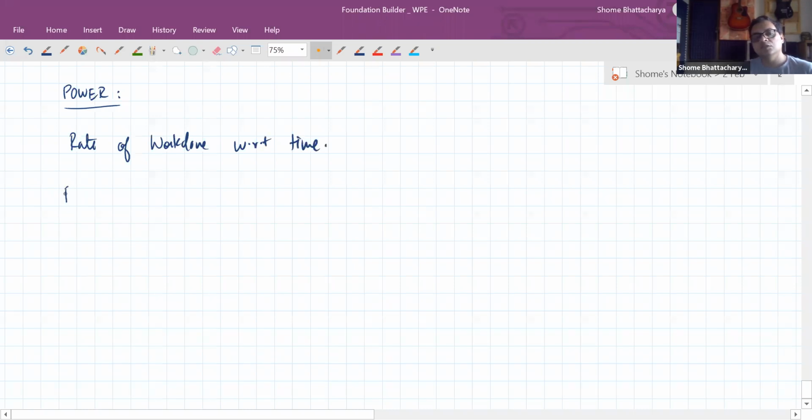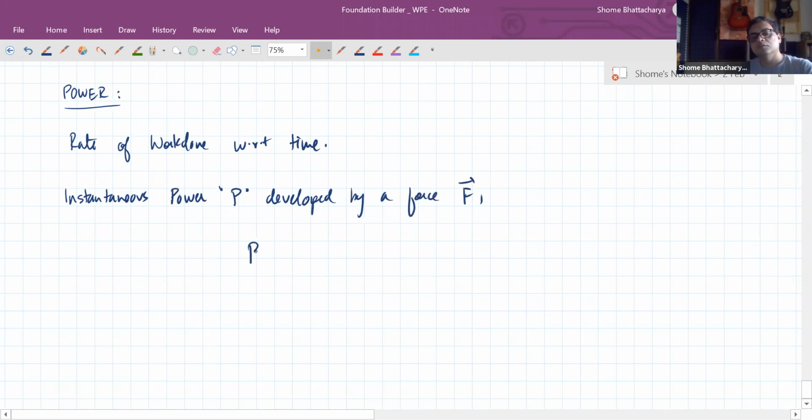So the power, or we can say the instantaneous power, say P, developed by a force F, is the rate of work done by that force with respect to time.